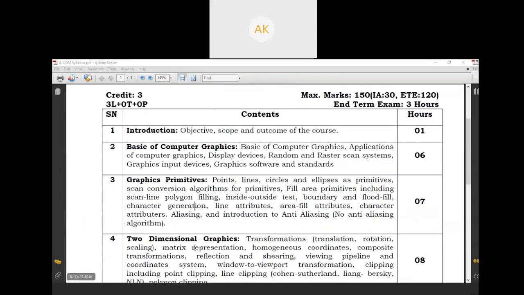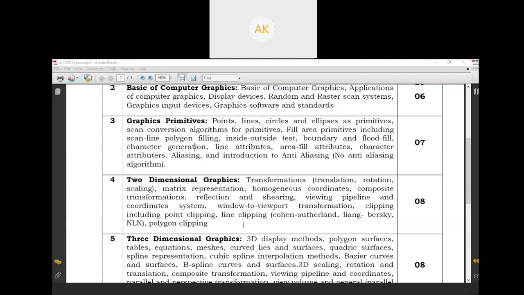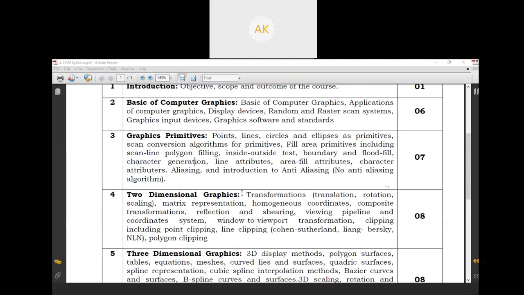The next unit, two-dimensional graphics. In this unit, we will discuss transformations: translation, rotation, scaling, matrices, how we represent a point, line, ellipse in matrix form, the homogeneous coordinate system, and composite transformation.